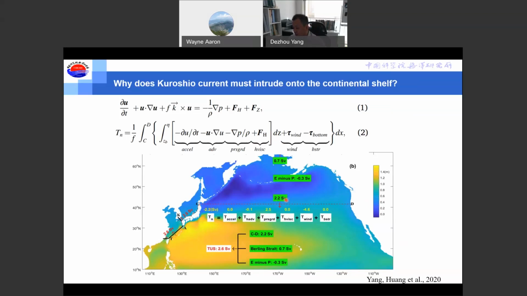According to water volume conservation, to balance this equatorward transport, there must be Kuroshio intrusion. So it means the water will flow across the Luzon Strait to balance this equatorward volume transport.